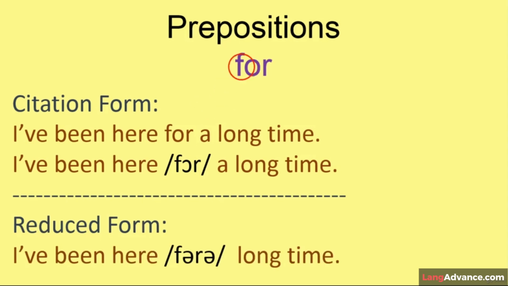But in reduced form, "for" sounds more like "fer." And when combined with "a," we would say "furra." And so our whole sentence would sound like, I've been here furra long time.